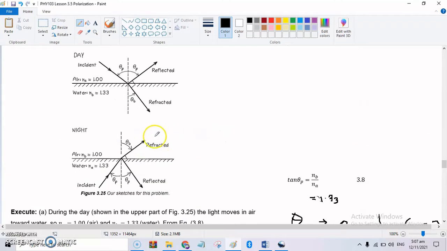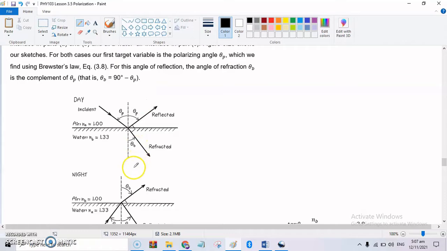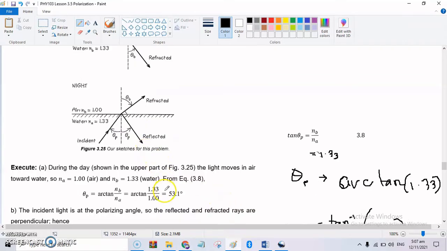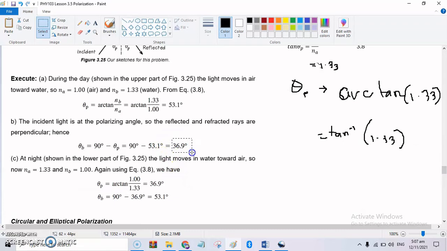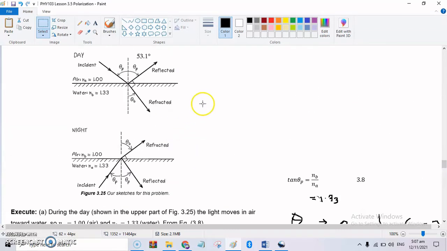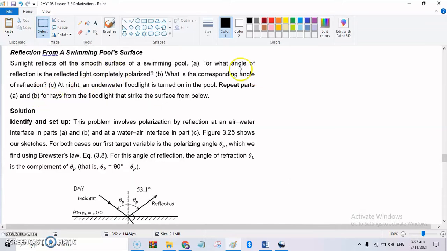This is theta p and this is theta b. You can see the answer to what angle of reflection and what is the corresponding angle of refraction.